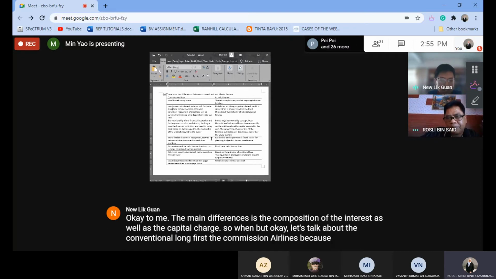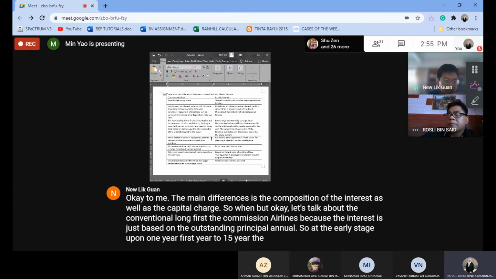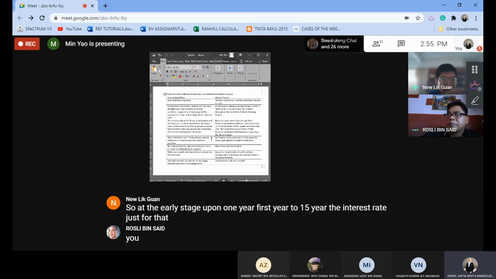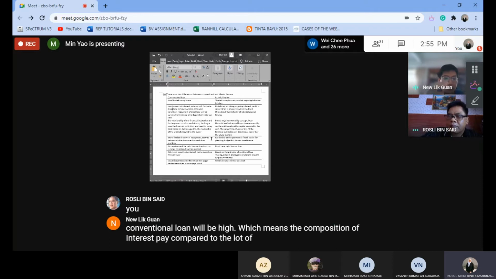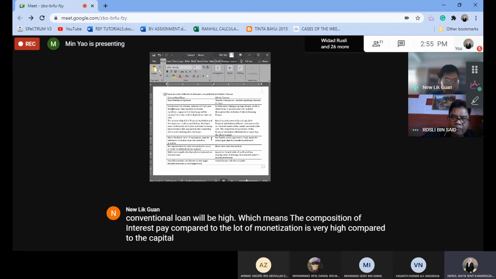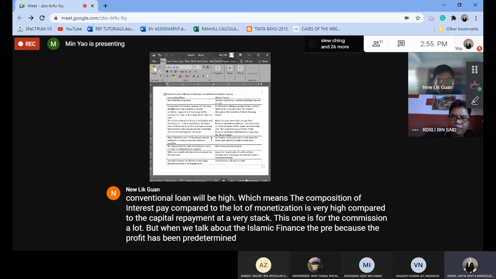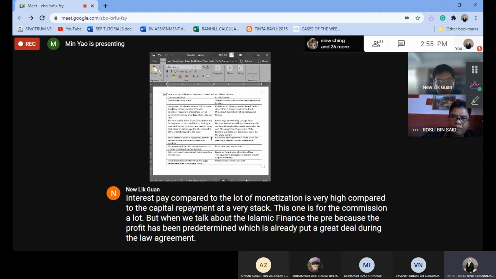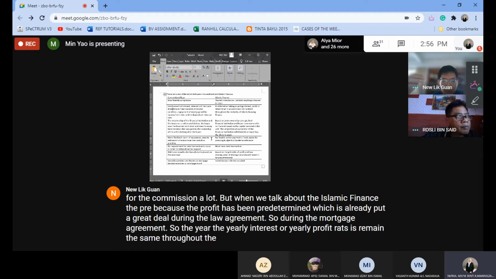Because the interest is charged based on the outstanding principal annually, at the early stage, from the first year to the 15th year, the interest charged for the conventional loan will be high, which means the composition of interest paid compared to the capital repayment is very high at the early stage. But for Islamic finance, because the profit has been predetermined and pre-agreed during the loan agreement, the yearly profit rate remains the same throughout the mortgage repayment period.